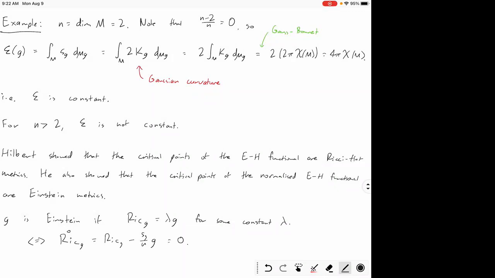So the computation goes along the same way, except in the first case, you get the vanishing of the Ricci tensor. In the second case, you get the vanishing of this trace-free Ricci tensor, which is equivalent to Einstein. If you want a reference for this fact about the critical points, you can find this in Besse's book on Einstein manifolds.